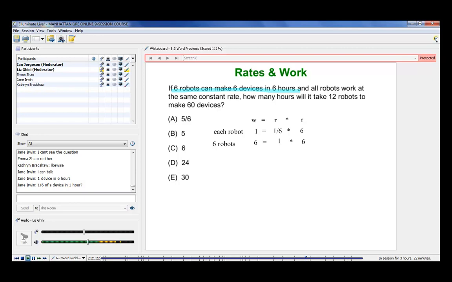So now I think about 12 of my robots. And I need them to make 60 devices. So if 6 robots make 1 device per hour, how many per hour do 12 make?